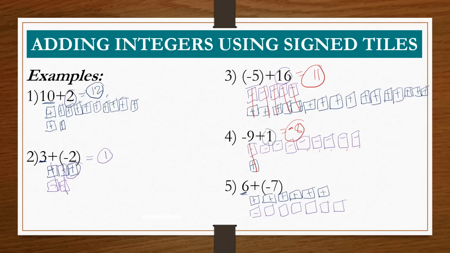They are all negative. And then we cancel the pairs. So we can cancel this, this, and this. So we are only left with this tile, and there's only one. Its sign is negative. So the sum of positive 6 and negative 7 is negative 1.